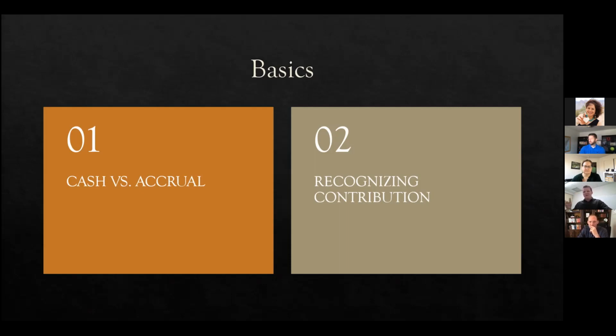You're not going to record that until it hits your bank account on a cash accounting method. Versus accrual, you would account for it when you sign the contract. So you still haven't received the money yet, but you're now under contract to receive those funds, and you'd recognize it in the accrual method.